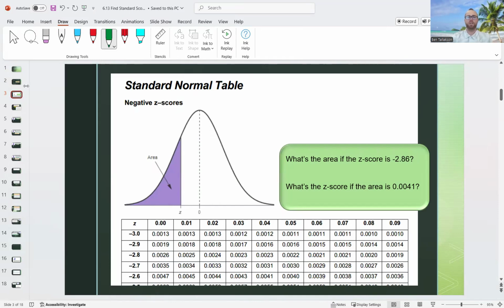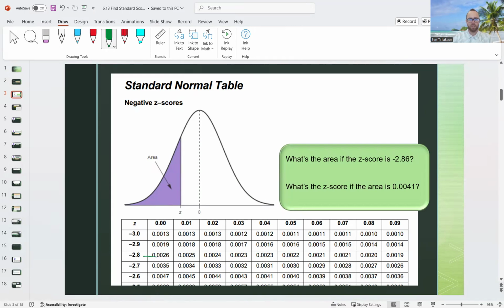The first question here is review from yesterday. Can you find the area if the z-score is negative 2.86? Okay, let's see. Well, we're looking for the whole number and the decimal in the tenths place in the column on the left. So negative 2.8.